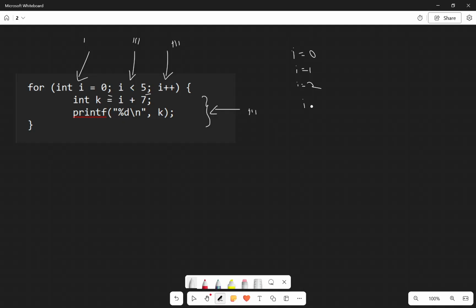Now i is 2. Again it checks for the condition. It's true. Body gets executed, gets incremented. Now i is 3. Again check for the condition. It's true. Body gets executed, gets incremented. Now i is 4. Then the condition evaluates. So this is 5.